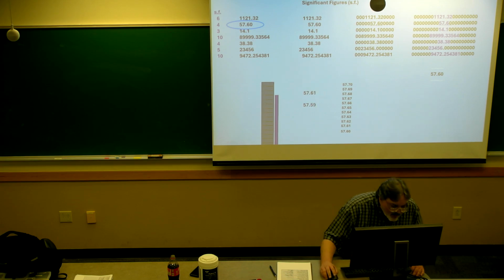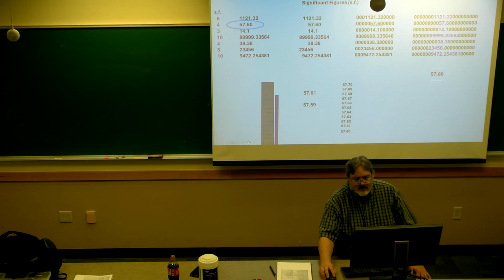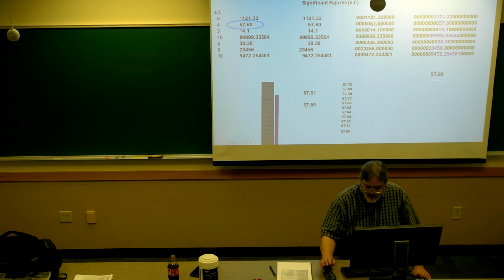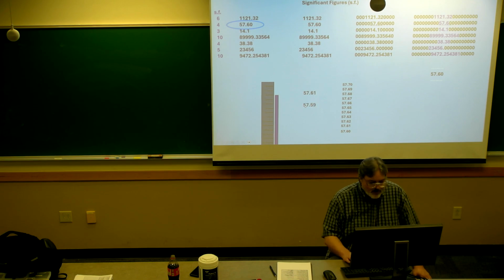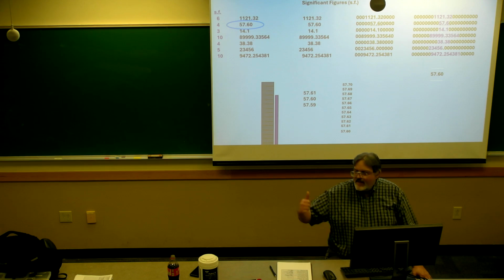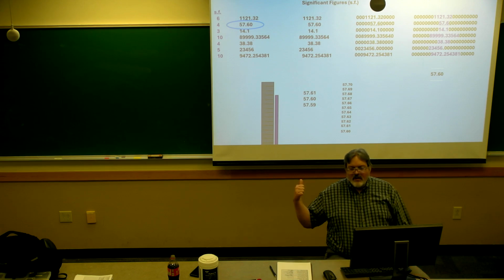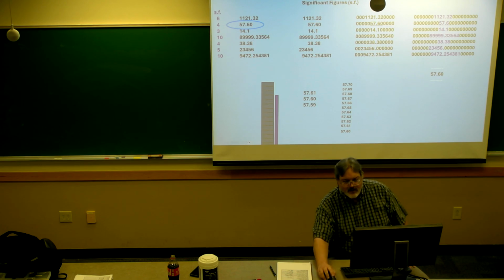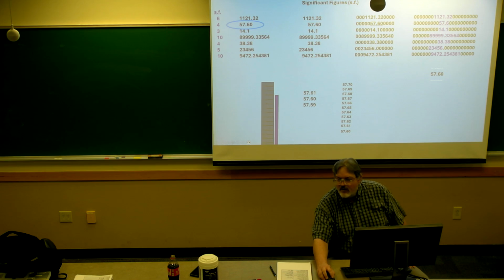And someone else might go, no, it's just below that line. It's not 57.61, it's 57.59. And then you go, no, I'm pretty sure it's right there at that line. If it's right there at that line, that's how that trailing zero shows up. And the whole point is, that's not just one of those theoretically existing trailing zeros. That zero was actually measured.